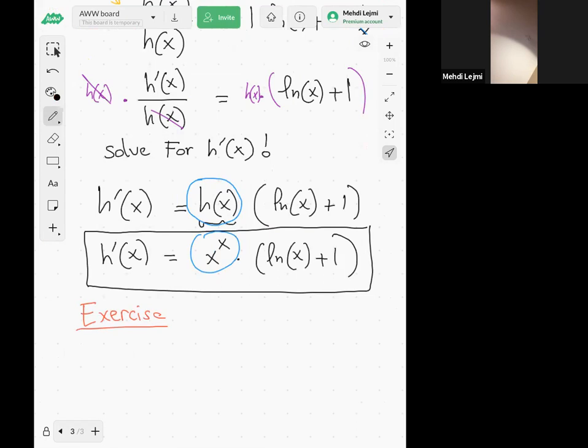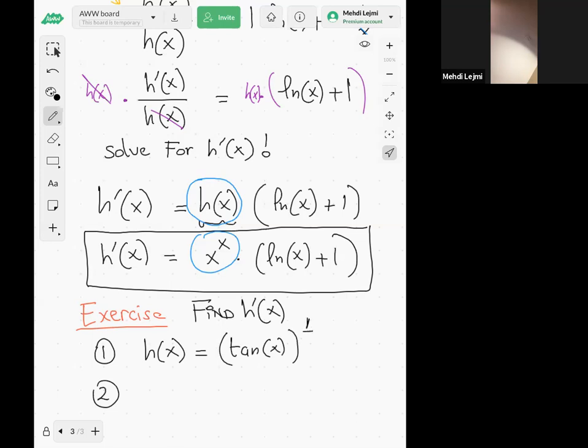So you have to find h prime of x. Number 1: let's say h of x is equal to tangent of x, the whole tangent of x, to the power 1 over x. And number 2: h of x is equal to cosine of x, the whole cosine of x, to the power x.